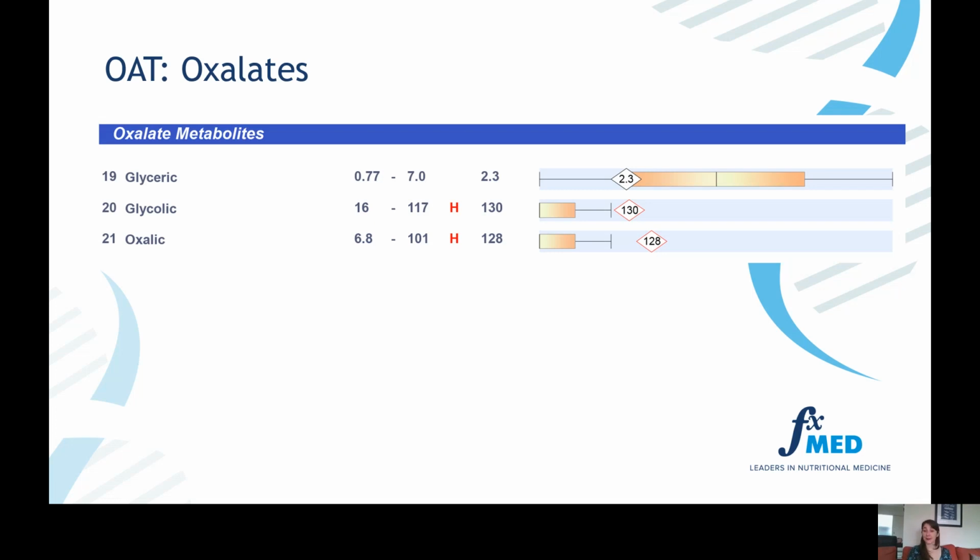So something like magnesium citrate might be a good choice to explore in that case, and there are plenty of other options to explore as well. But if we didn't have these oxalate markers, we might not know, and we might be giving someone magnesium glycinate, which is a really great supplement and good for many things, but it wouldn't be supportive for this person. So this is a way that functional testing can really help us identify and treat the specific things going on for people.